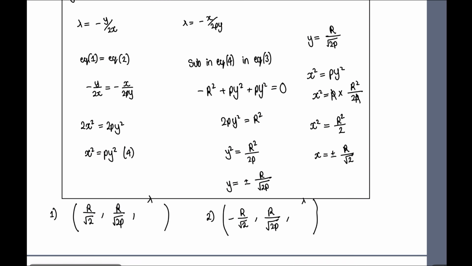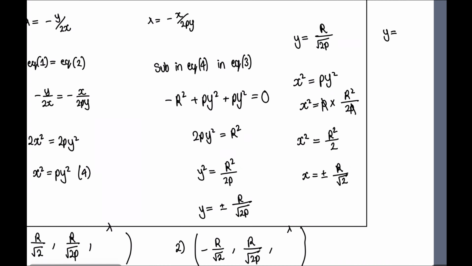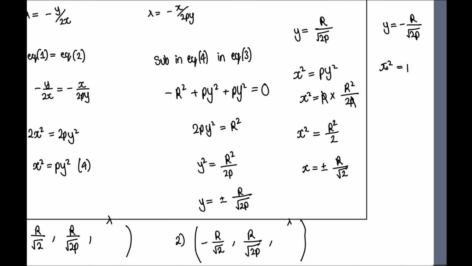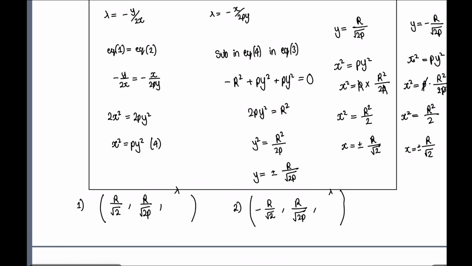Doing the same thing for when y is equal to minus r over root 2p, substituting it into the same equation, x squared is equal to py squared. We get x squared is equal to p multiplied by r squared over 2p. So x squared is equal to r squared over 2. So x is equal to r over root 2, plus or minus.